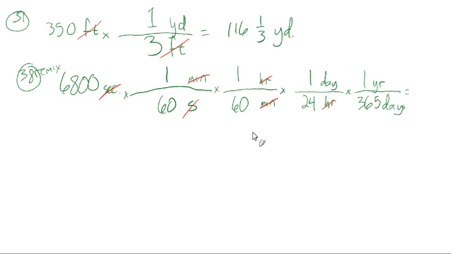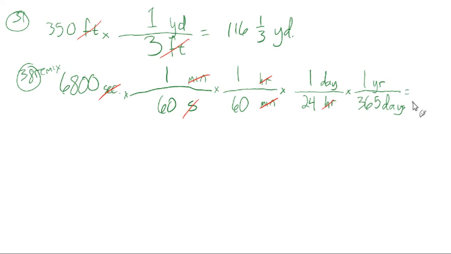Okay, so now all I have to do is take 6,800 and multiply it by 1/60th, and multiply that by 1/60th, and I have that answer here because I have the teacher's edition. That's 1 8/9, and then I have to divide that by 24, multiply it by 1/24th, and then divide that by 365. And it's so small that my calculator doesn't even recognize it as a fraction.